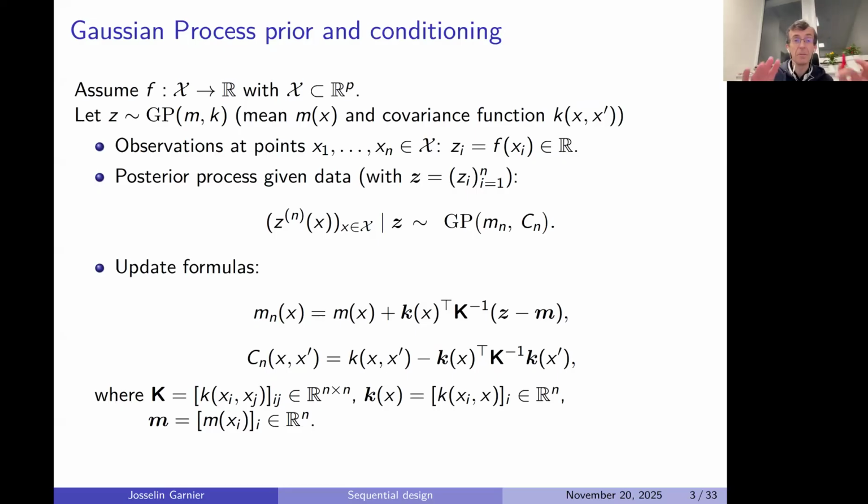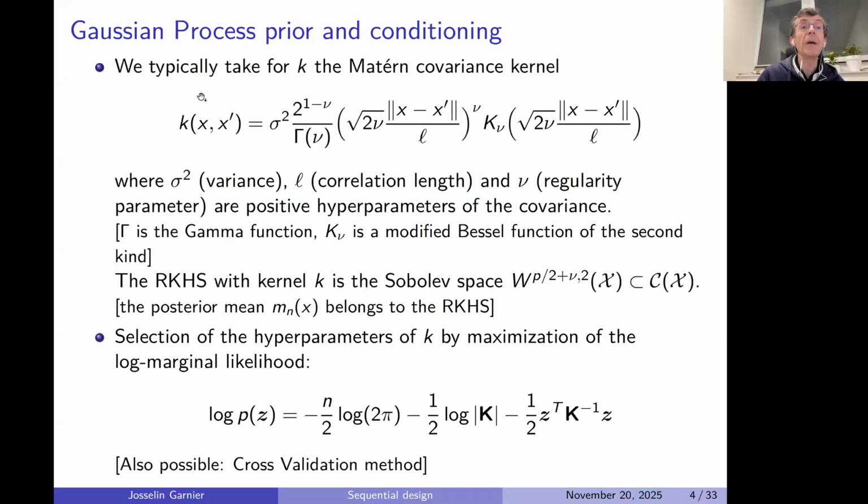So this is just a consequence of the Gaussian conditioning theorem that tells you, as I said, that a Gaussian process conditioned by some equalities is still a Gaussian process. So this is it. Now, what remains to be chosen appropriately is the covariance function that you use as a prior for your unknown function f.